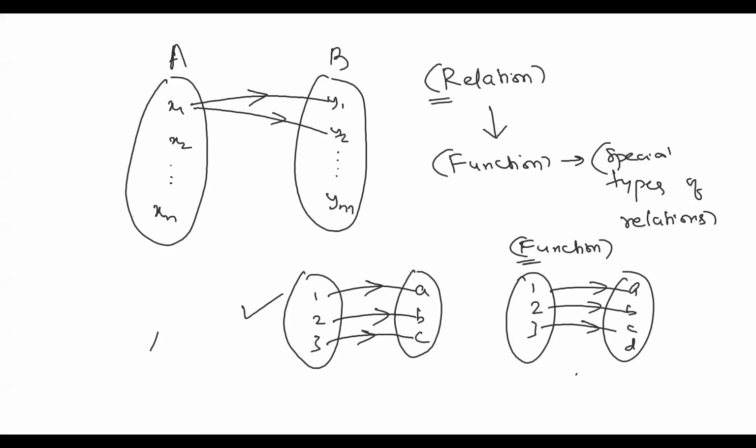Second one is also a function. Why? Every element of set A is associated with only one element in set B. See, I'm saying one element in set B. I'm not using the word unique element in set B. I'll tell you what is the difference. So first is a function. Second is also a function. Am I right? I'll give you time to make a note.